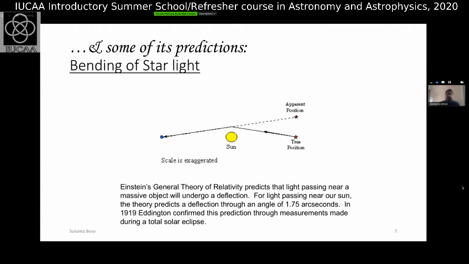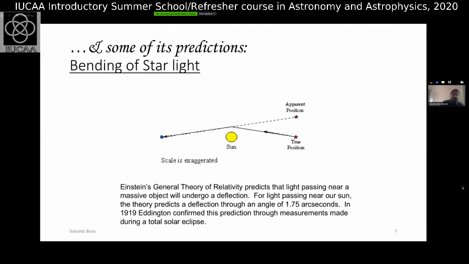One of the predictions of Einstein's theory was that massive objects like the sun should bend light passing in their vicinity, such as light from faraway stars. This bending of light was verified in 1919 by Eddington and his team by looking at faraway stars, using a solar eclipse in May 1919.